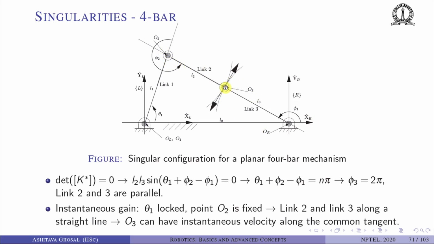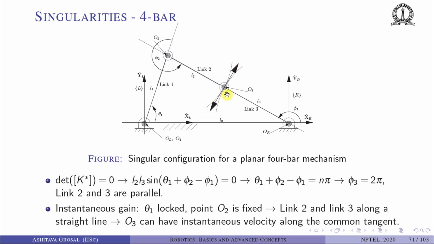So if you think about it, this point O3 can instantaneously move perpendicular to this line. If you look at it from link 2, this point lies on a circle. If you look at it from link 3, this point also lies on a circle. So the common tangent to these circles, O3 can move instantaneously along in this direction.